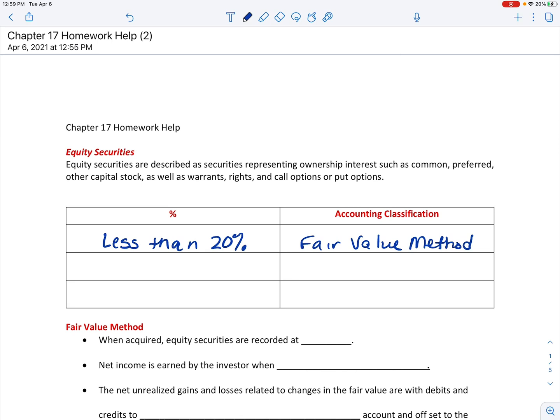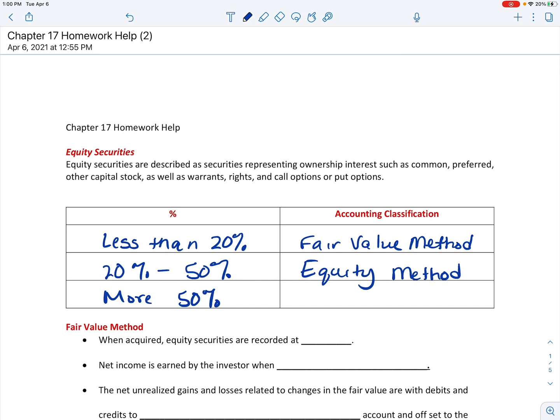If you hold somewhere between 20% to 50%, then we account for it using the equity method. And finally, if you hold more than 50%, then we're going to show consolidated financial statements.